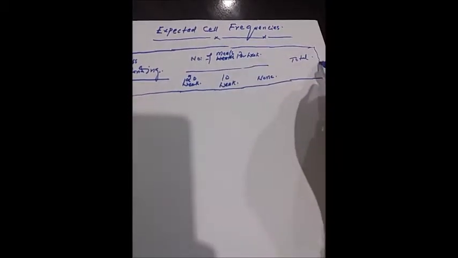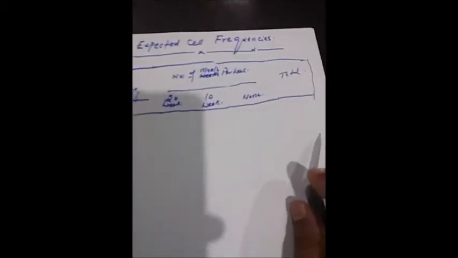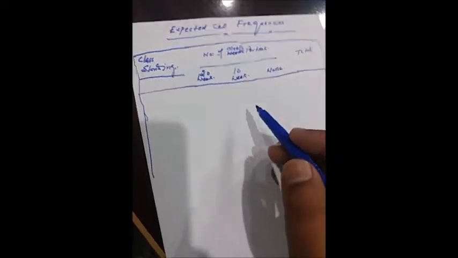You can check, we have to construct the same type of table as the observed frequencies. So we have to construct the expected cell frequencies from the observed frequency table.